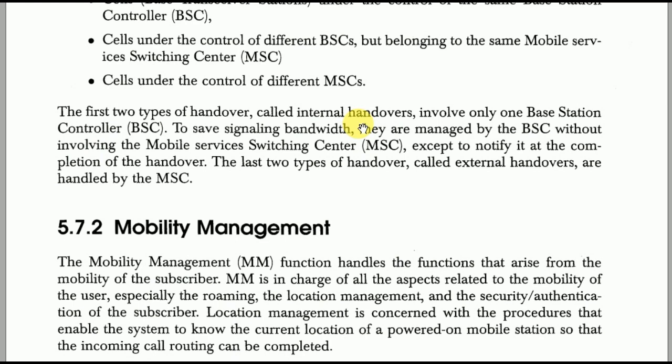When there is a mobile originated outgoing call, the location information is updated in the VLR and the HLR. Next, when the MS moves from one location area to another location area, the location information in the VLR and the HLR is updated.